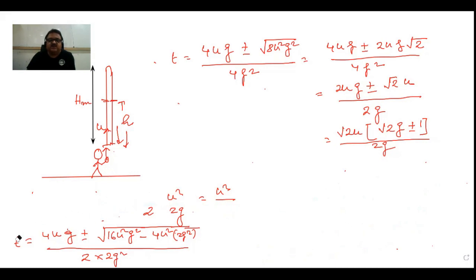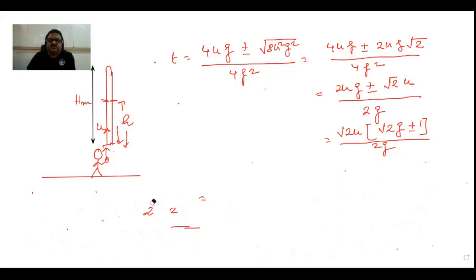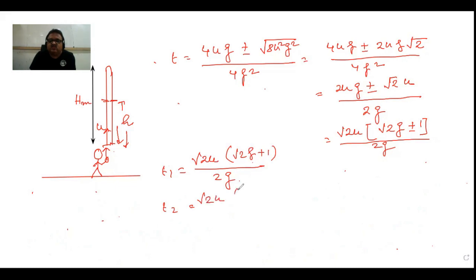Why? The question's answer comes like this, correct? That is the concept here. So let me show you again why it is so. T1 is root 2u into root 2 plus 1 divided by 2g, and T2 is equal to root 2u into root 2 minus 1 by 2g.